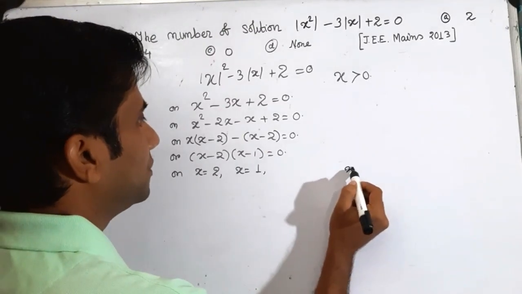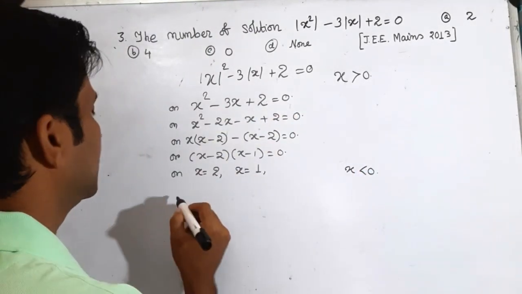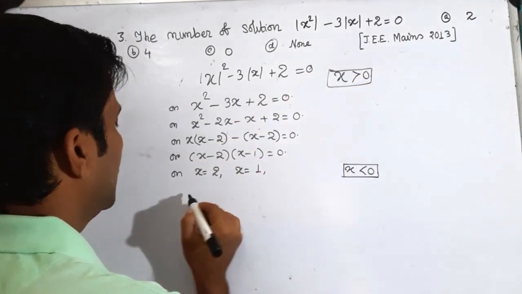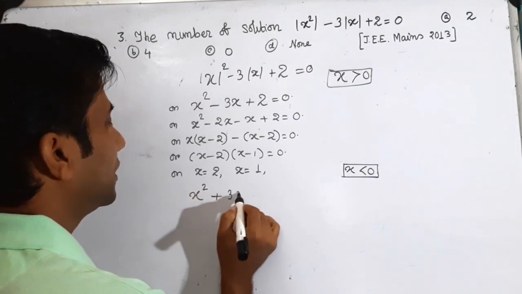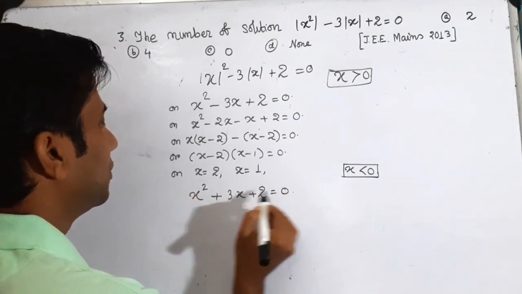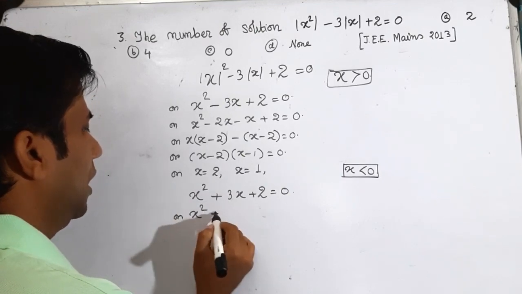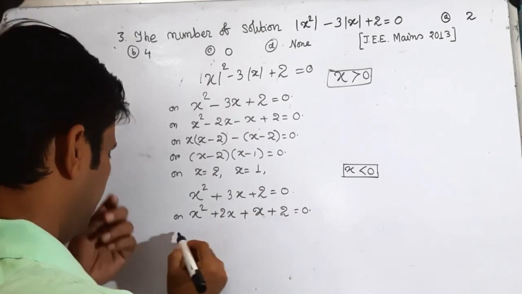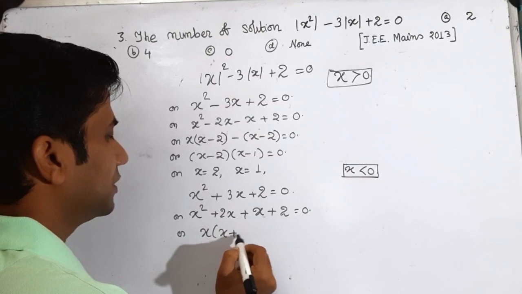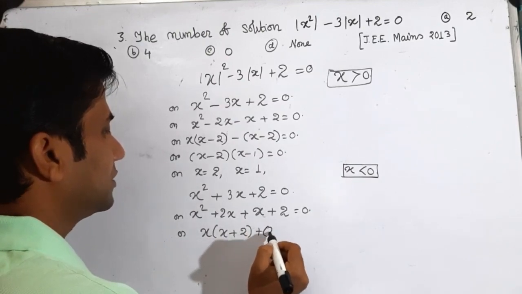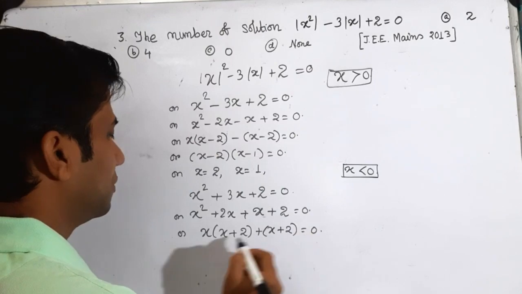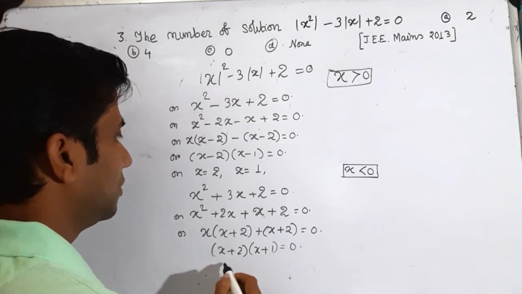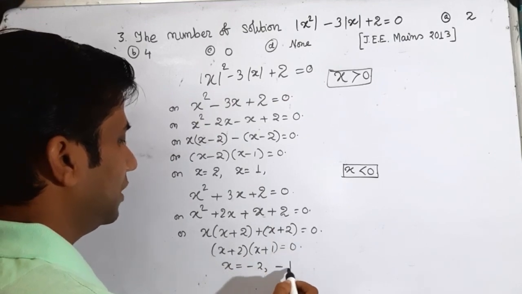If x less than 0, then it becomes x square plus 3x plus 2 is equal to 0, or x square plus x plus 2 is equal to 0, or x into x plus 2 plus x plus 2 is equal to 0, or x plus 2 into x plus 1 is equal to 0, or x is equal to minus 2, minus 1.